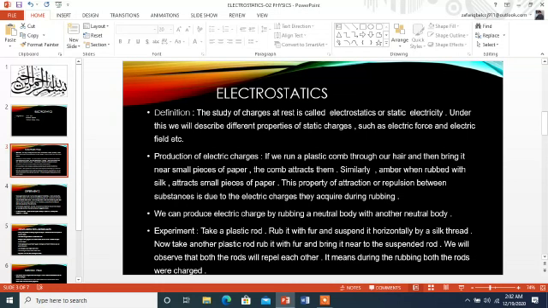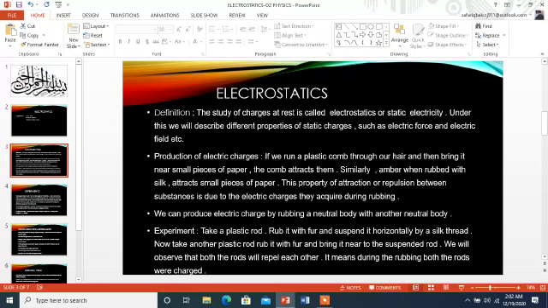Under this, we will describe different properties of static charges such as electric force and electric field, etc.